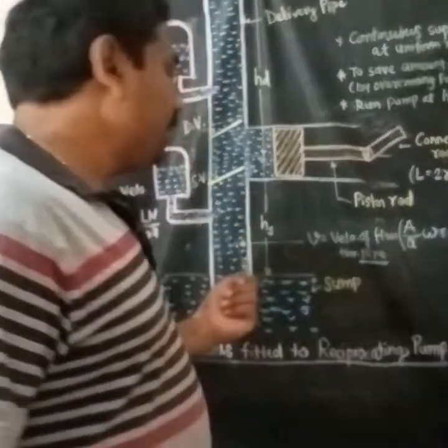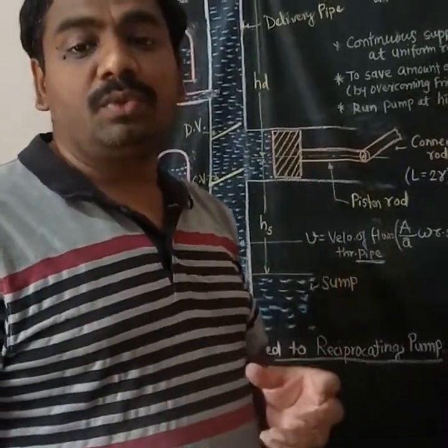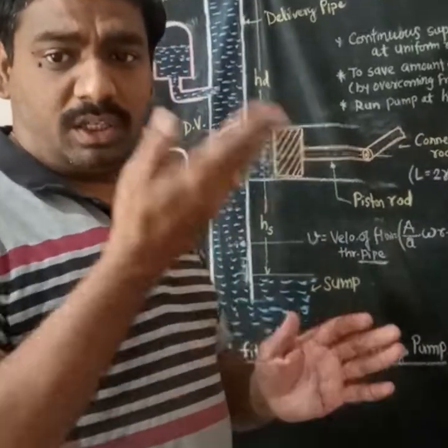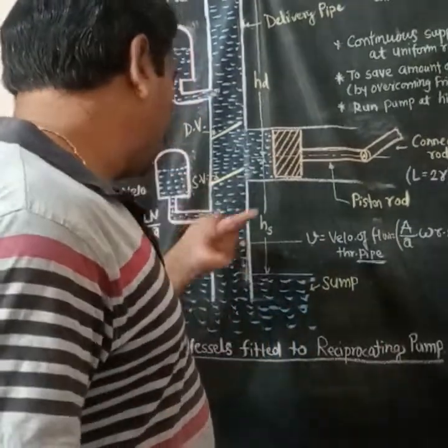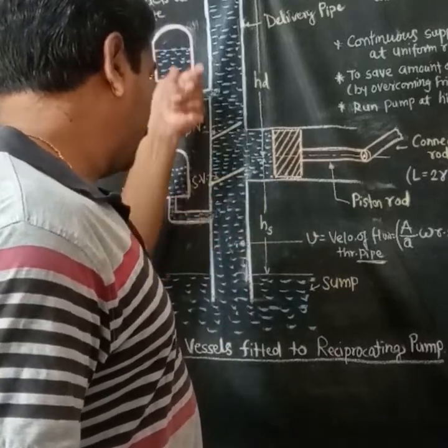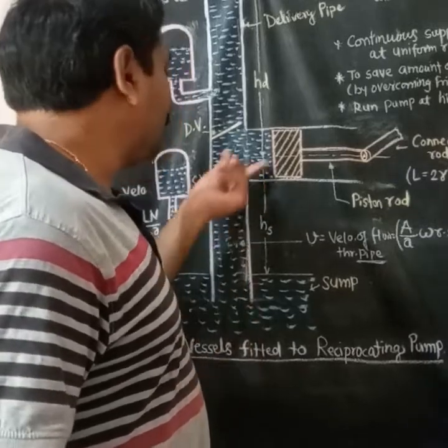At the same time, as I discussed earlier, it reduces the frictional resistance, because whenever water is required it can be easily obtained, very close to this point. There is no need to lift the water from here to here again.